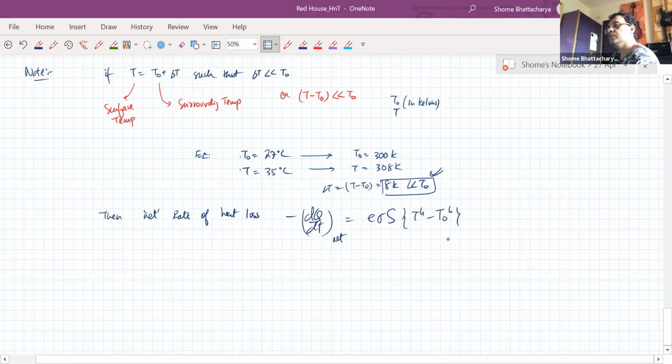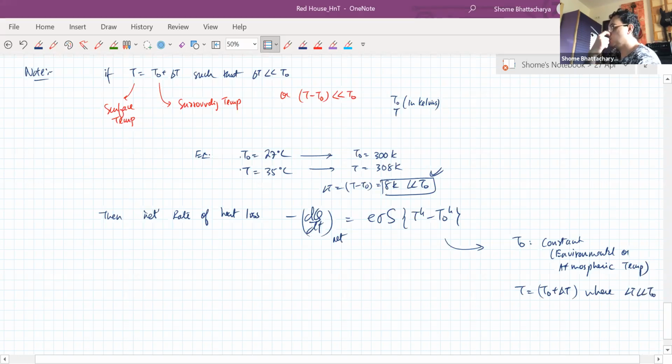So in this net rate of heat loss, what we'll do is T naught will be a constant because it's the outside environmental temperature, or atmospheric temperature. So we will assume that the atmospheric temperature is not really changing significantly as the temperature of the surface is changing. But T is equal to T naught plus delta T, where delta T is very small compared to T naught. So there is some scope for applying approximation over here. Let's see how that works.